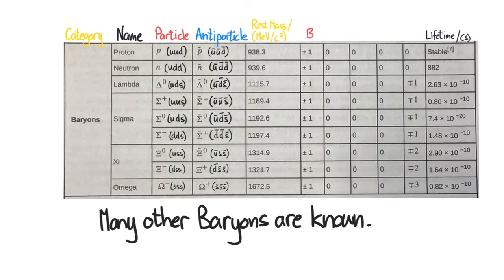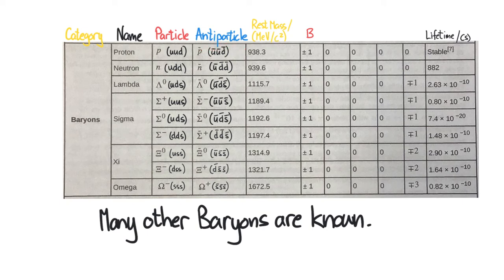Now, there are many baryons, and we are only going to look at a few of them in more detail. So if we look at this table, and you don't need to learn all of what is in this table, we have the category, the baryons, we have the name, so we're looking at the proton, the neutron, the lambda, the sigma, the chi, and the omega, the particles, the antiparticles, and the rest mass.